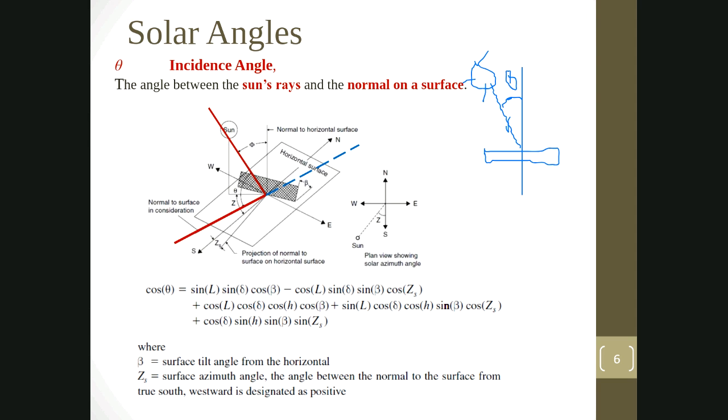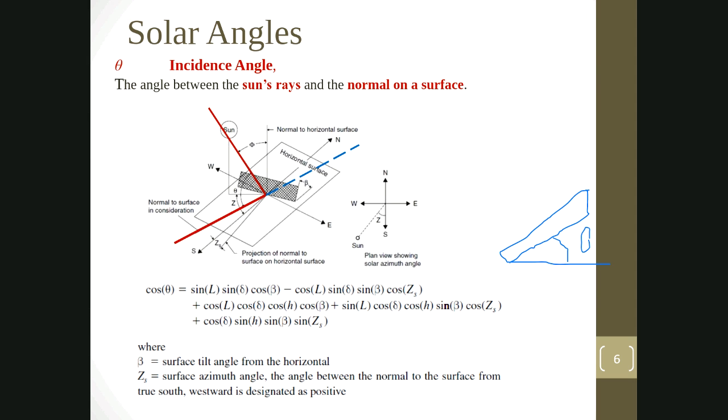If this surface is tilted, for example like this, with an angle beta, and here is the sun, so this is the radiation from the sun, the beam or total radiation incident from the sun.